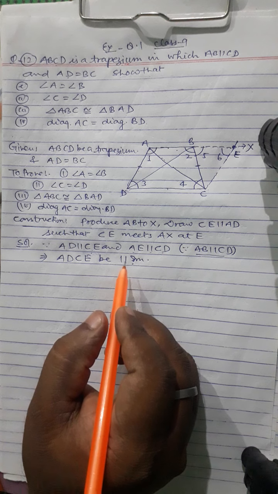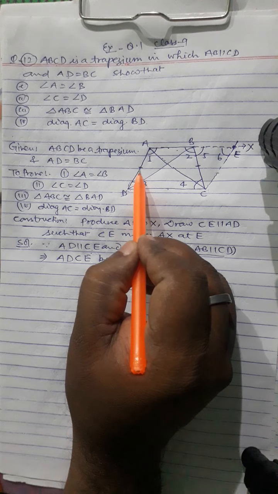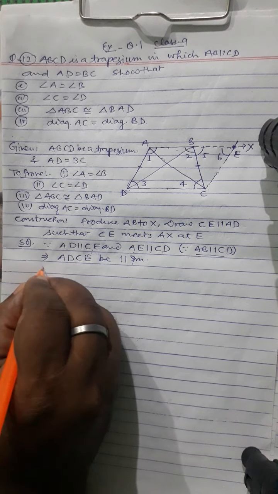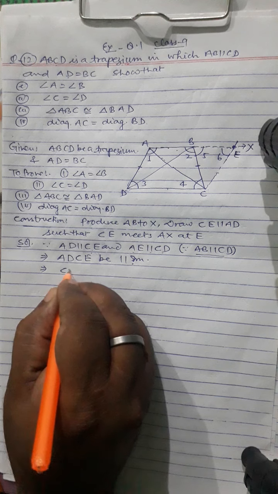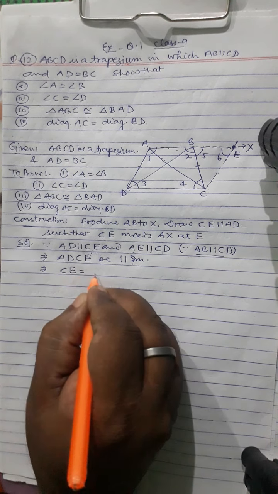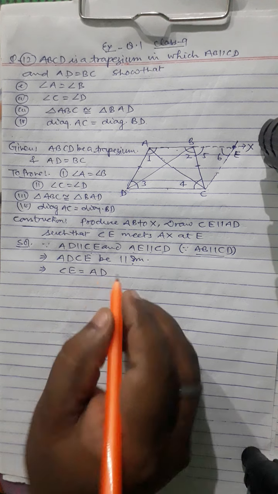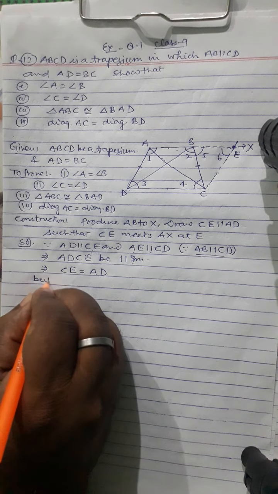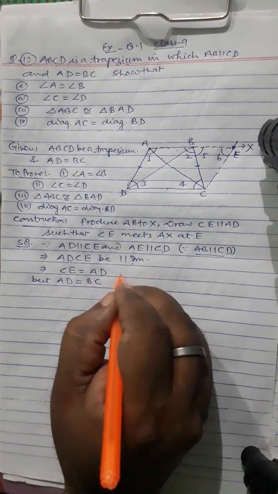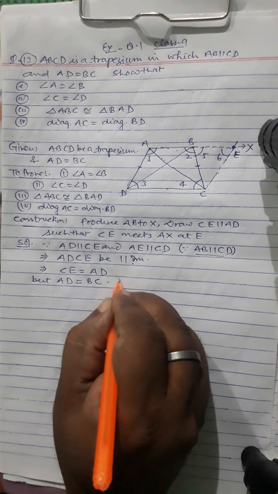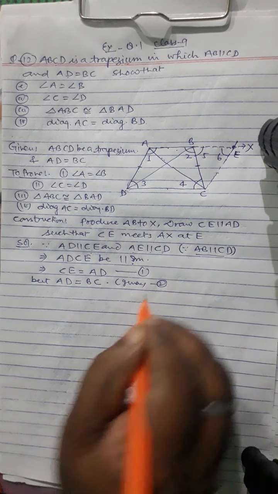Okay, if this is a parallelogram, opposite sides are equal. Therefore CE is also equal to AD. This is equation 1. But AD is equal to BC, this is given, equation 2.